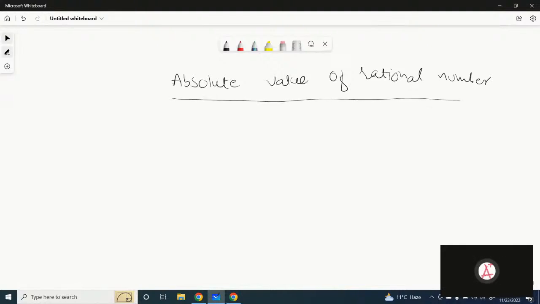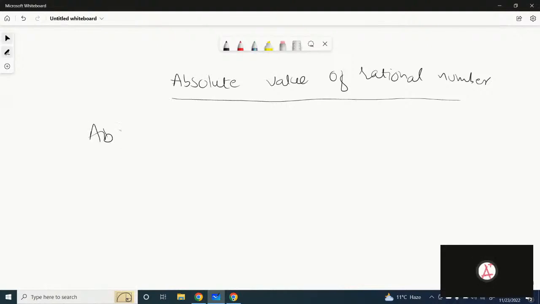So what is an absolute value? Absolute values are always positive. Let me write it down. Absolute values are always positive.